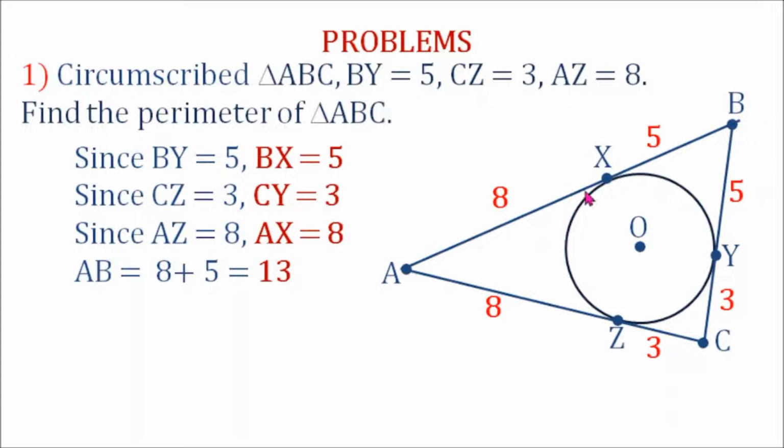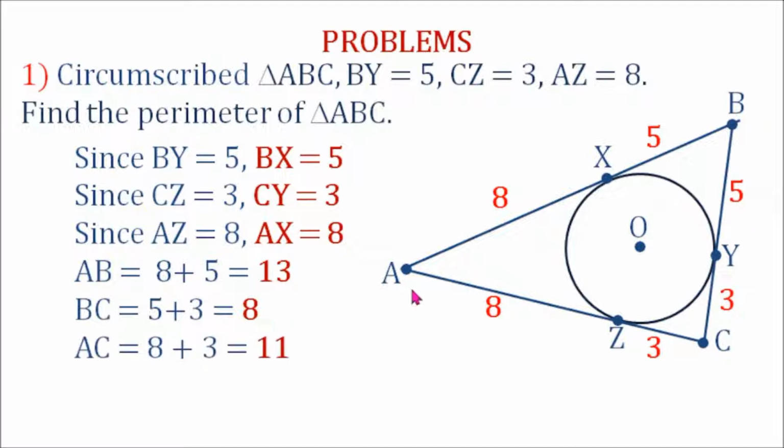Now that means AB is 8 plus 5, which is equal to 13. Then BC equals 5 plus 3, which is equal to 8. And AC equals 8 plus 3, which is equal to 11.